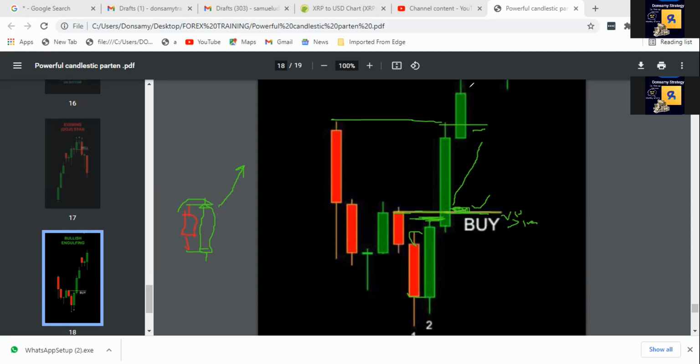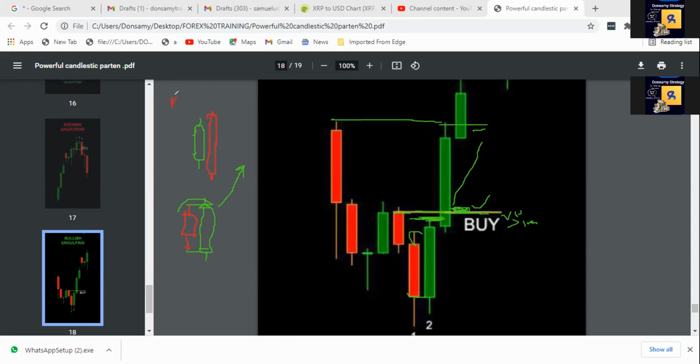Now, if we have a green candle, the market is up already, and you see a green candle. Now, you see another red candle coming to engulf that green candle.